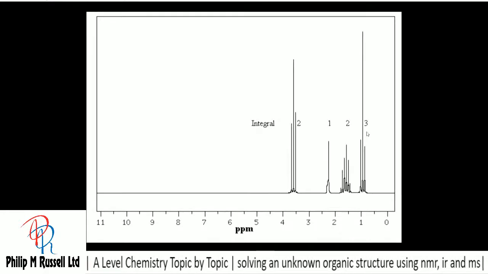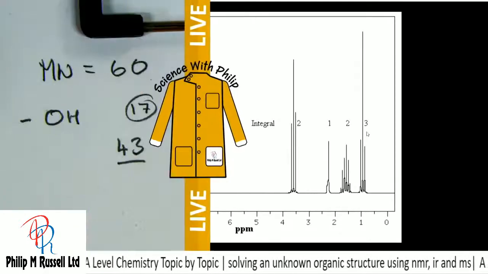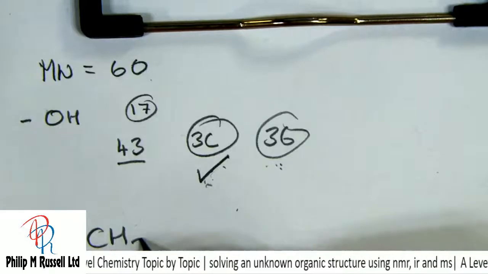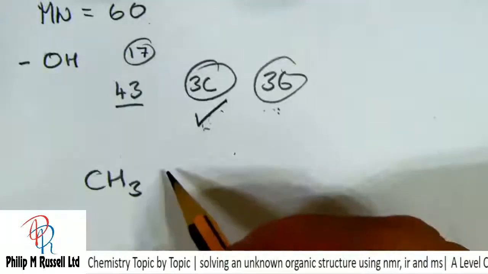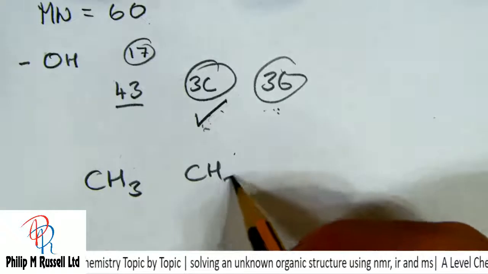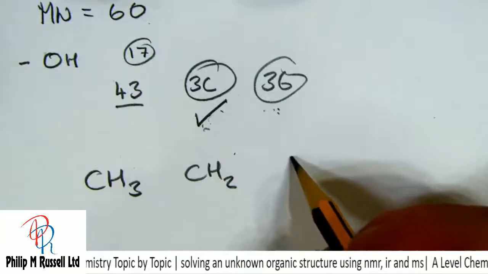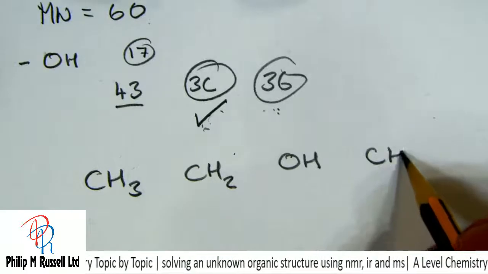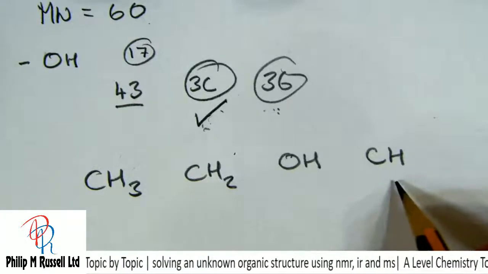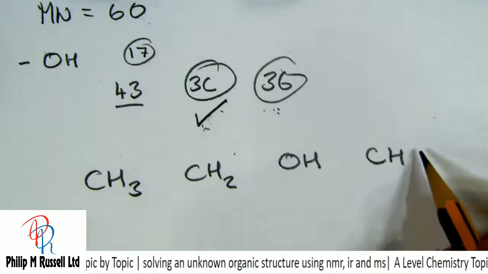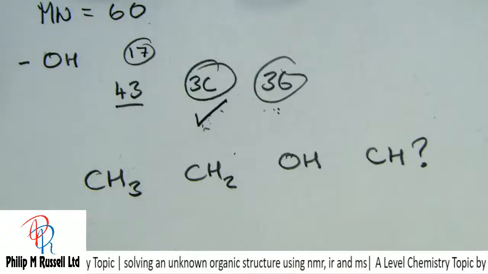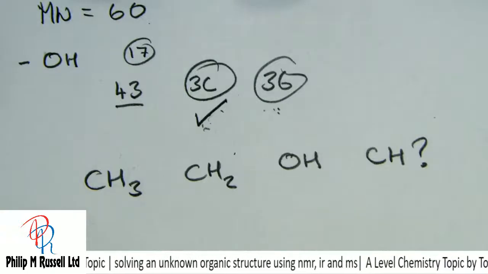We know we've got 4 probable proton environments, because if we've got 3 carbons, then possibilities are something like a CH3 group, we might have a CH2 group, an OH group, and then maybe a C-H group, definitely a question mark on that. Can we have a look at these in more detail and see what we can find out?